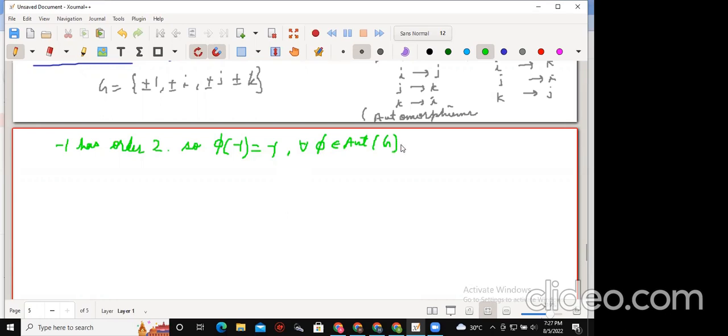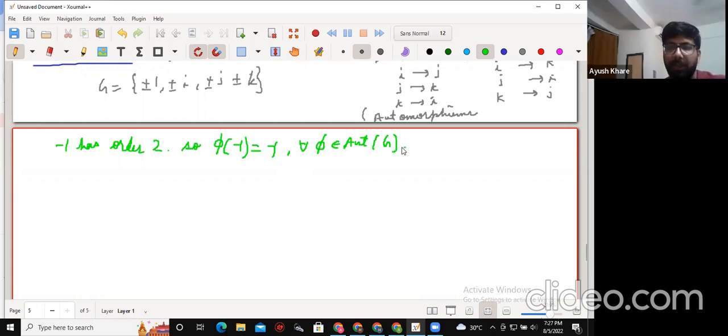So two elements are always fixed, 1 and minus 1. So {1, minus 1} is also characteristic, right?